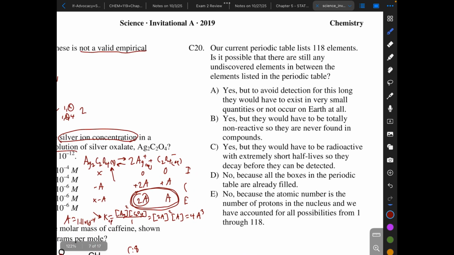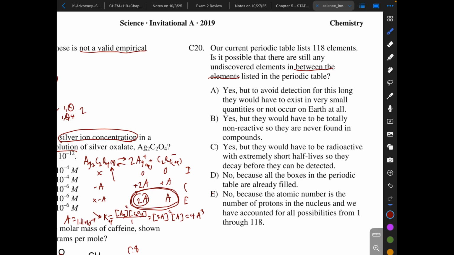For the final question, our current periodic table lists 118 elements, but is it possible for there to be any undiscovered elements in between the elements listed in the periodic table? This one is a sharp no, and the reason for this is because we accounted for all the possibilities from element 1, hydrogen, to element 118, oganesson.